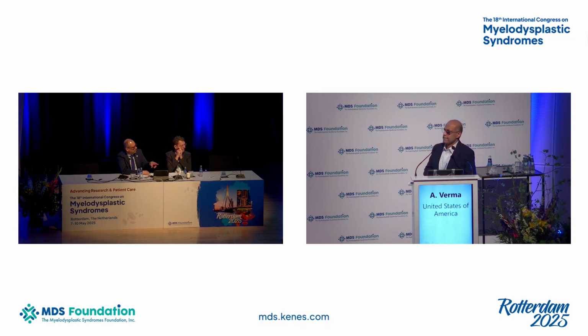First of all, have you seen the same thing with the pathway you are blocking? And also, do you think in future trials of the next phase, we need to be more genomic specific?